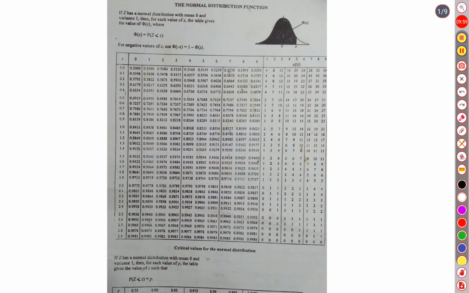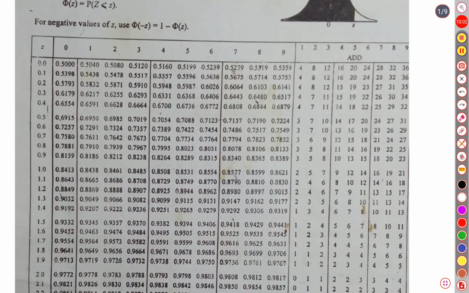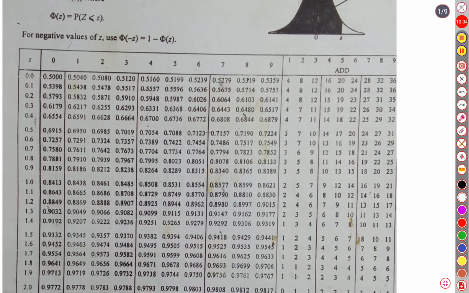First of all, we will find 1.2 in the row, so this is the row 1.2. Then the fifth column, as well as the final column. For the fifth column it is 0.8944, sorry, not 8749, it is 8944.